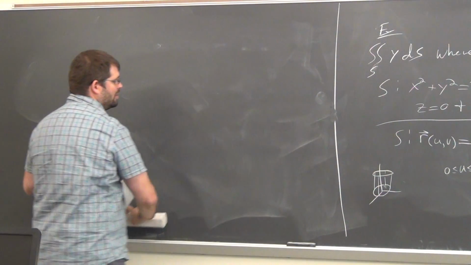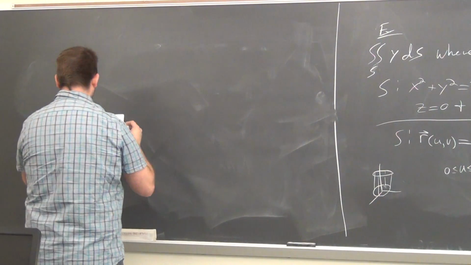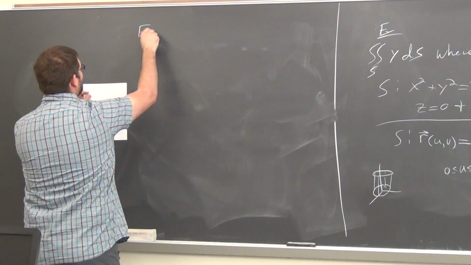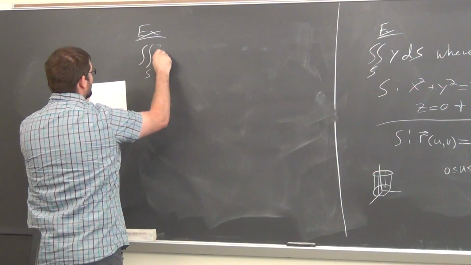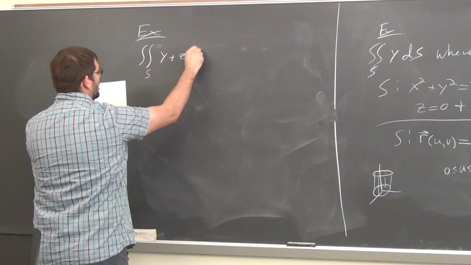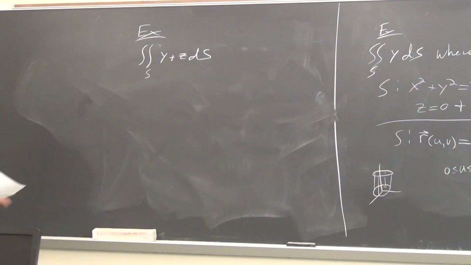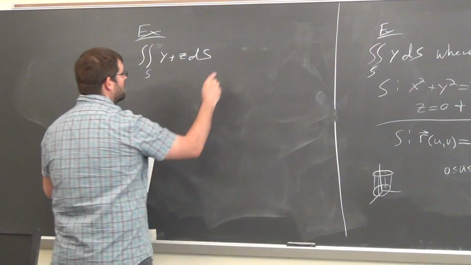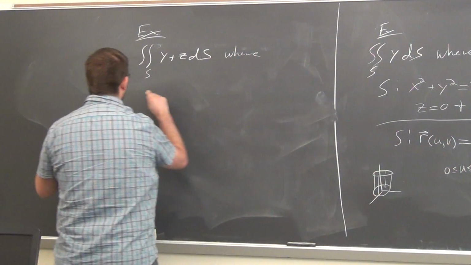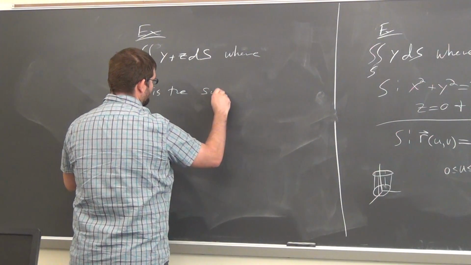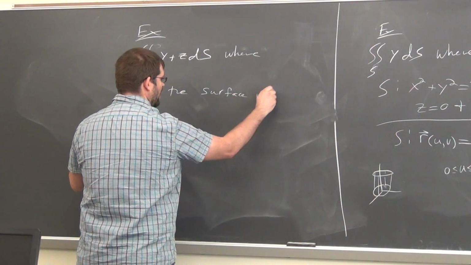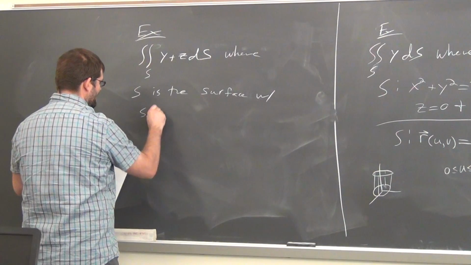Rather than, let me just write this out and then we'll see if you agree. So I want the integral over S of y plus z dS, where S is the surface with, so this is going to have multiple pieces to it now.